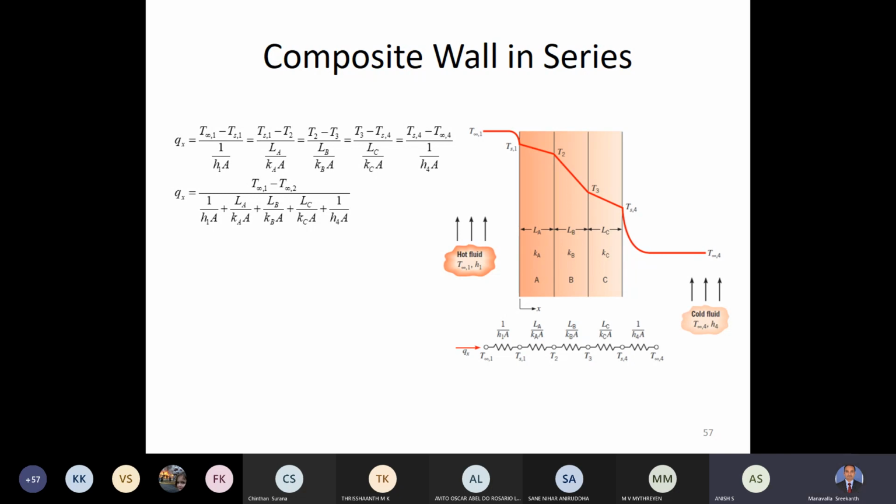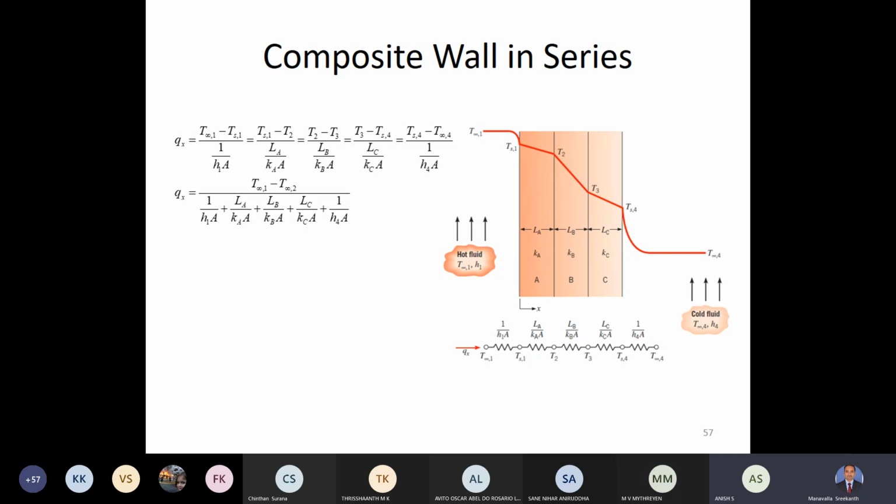Likewise, if we have pipes connected in parallel, we will have different flow rates in different pipes, but the pressure drop in each pipe will be the same. So that's the difference between pipes connected in series and pipes connected in parallel.